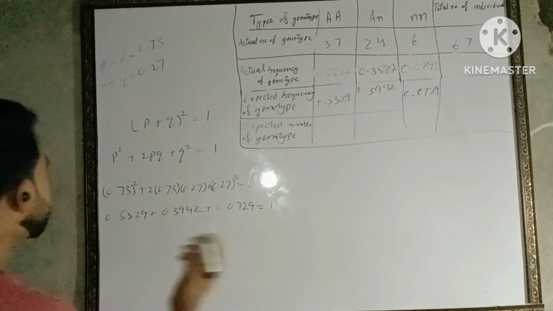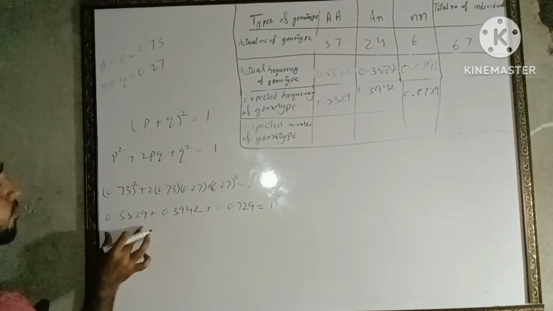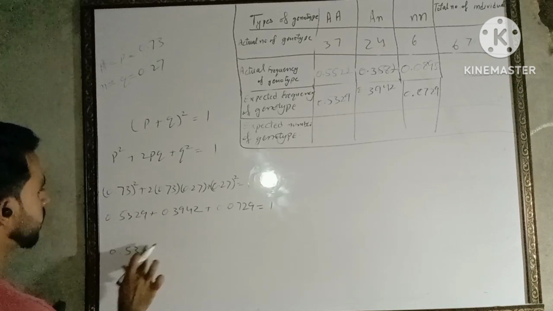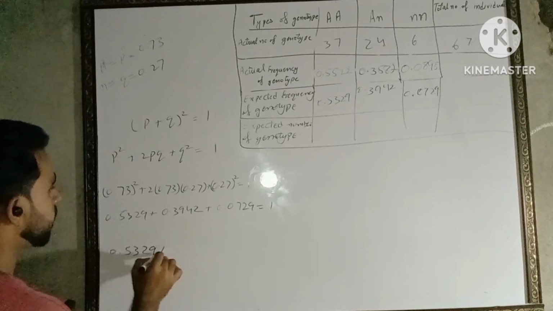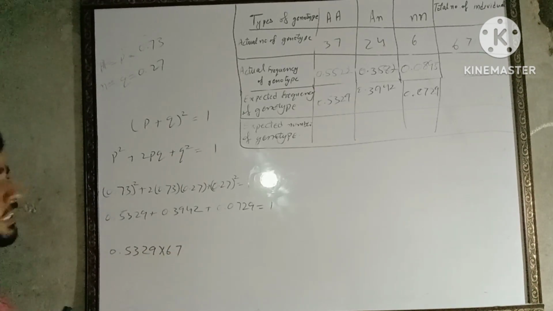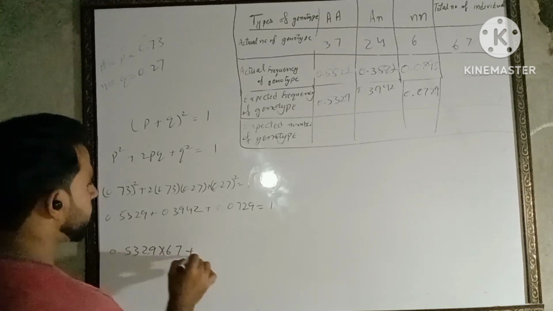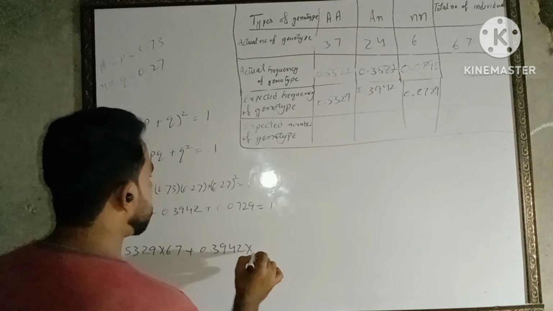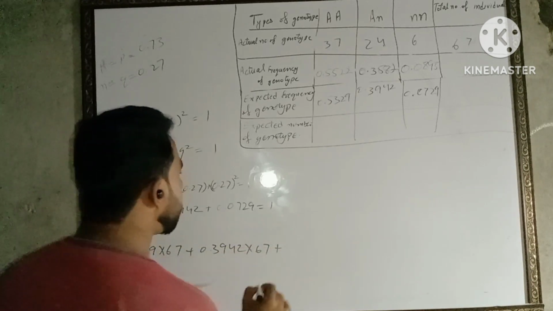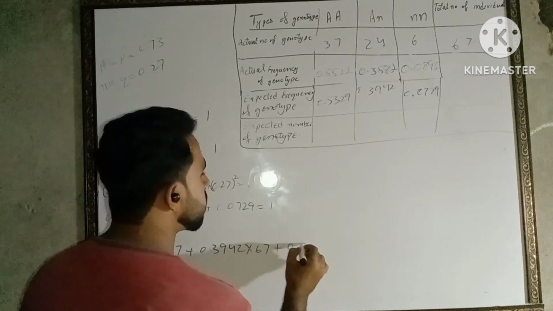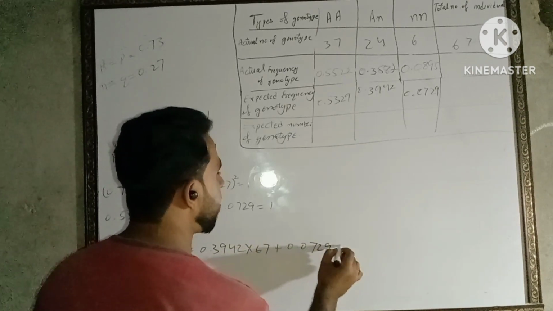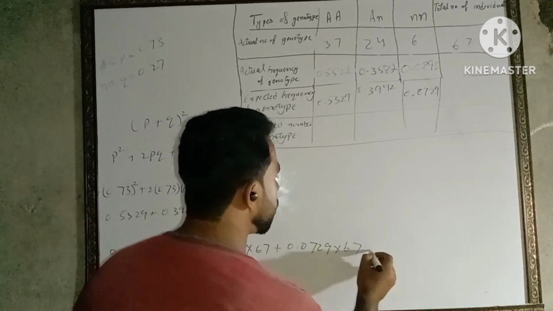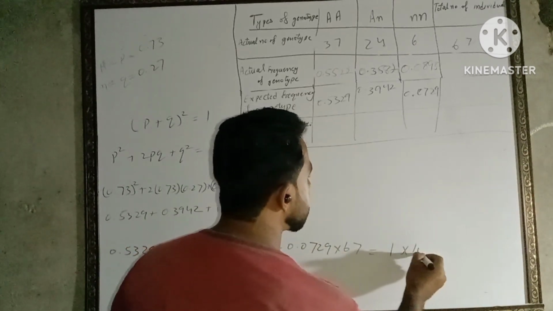Okay, let's multiply it. The expected number of the first genotype is 0.5329 multiplied by 67, that is the total number of individuals, plus 0.3942 multiplied by 67, plus 0.0729 multiplied by 67, is equal to 1 multiplied by 67.